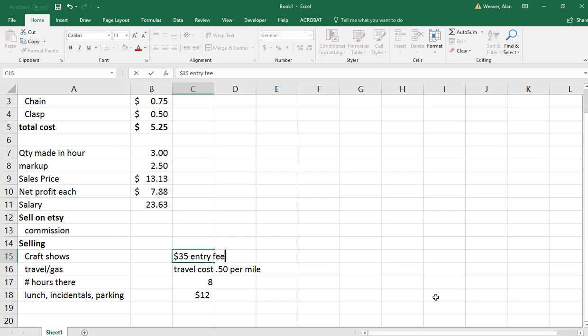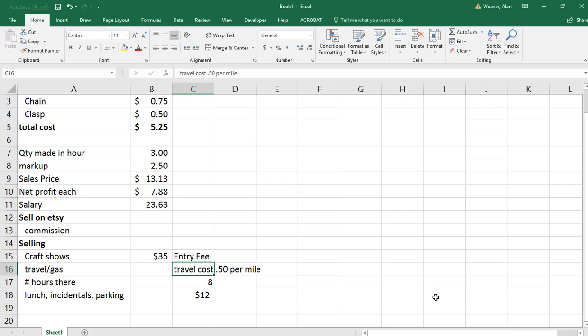When you're doing things here, last thing, if you're going to say $35 entry fee, you can't type it in that way. I would say entry fee. And then the travel cost here could be, let's say, 40 miles round trip.